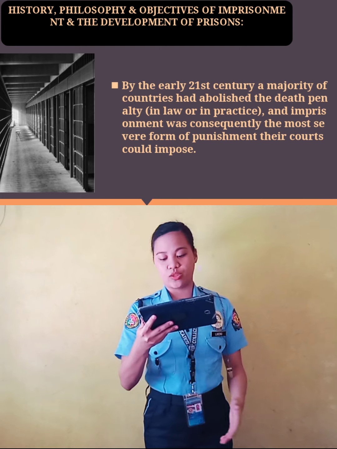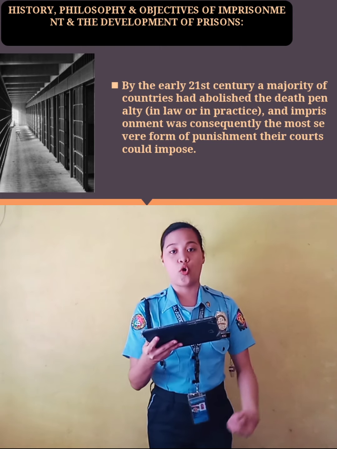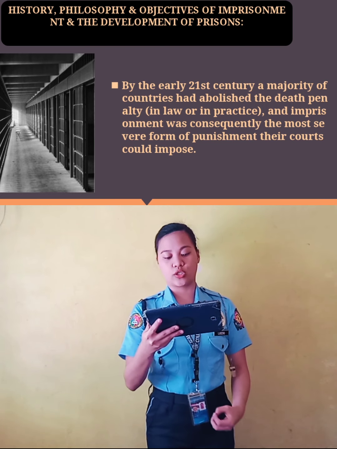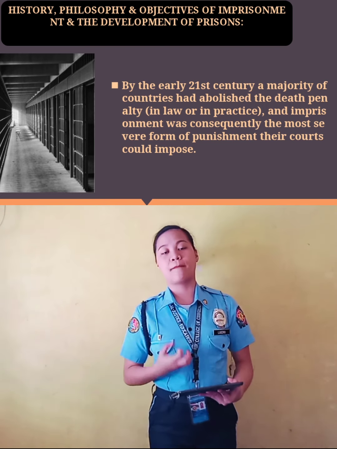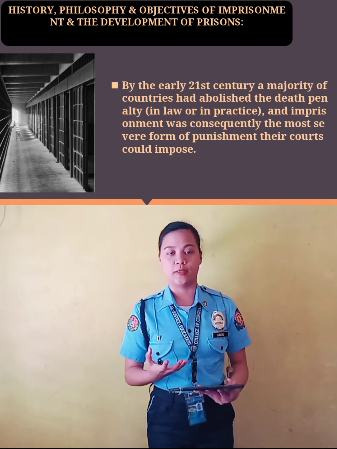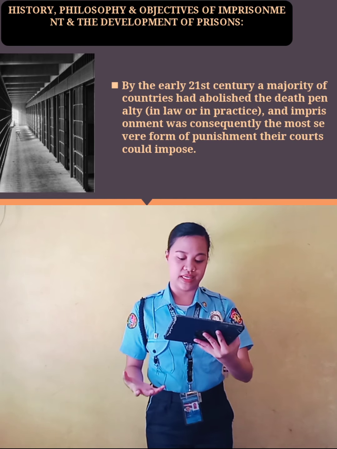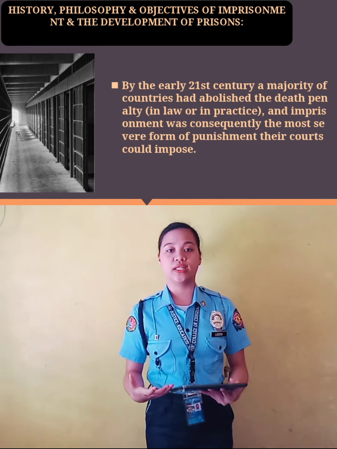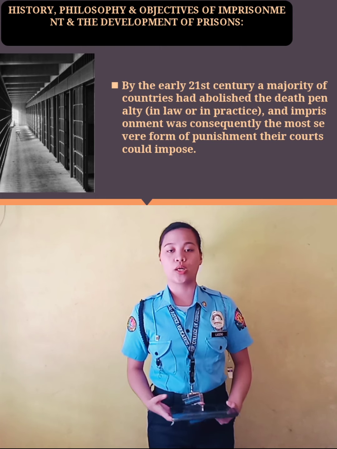And imprisonment was consequently the most severe form of punishment their courts could impose. So the court only imposed punishment in prison. They abolished the death penalty in practice and in law, and they only use imprisonment as a severe form of punishment.